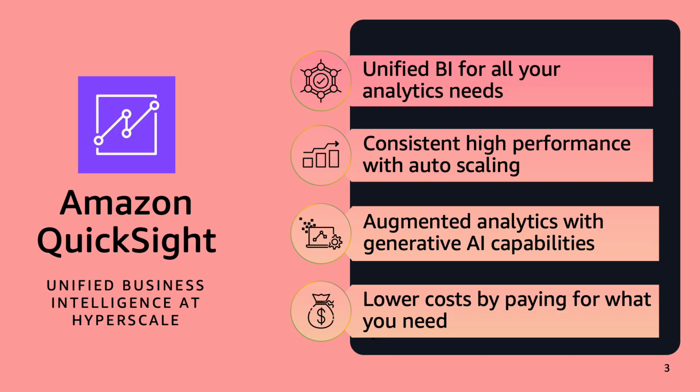So Amazon QuickSight, I mean, like we said, we probably have users who have been using QuickSight, and we have new users. So it's a fully managed, cloud-native business intelligence service, and it's part of AWS.